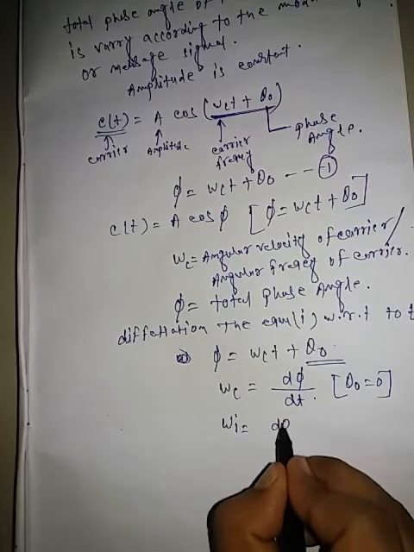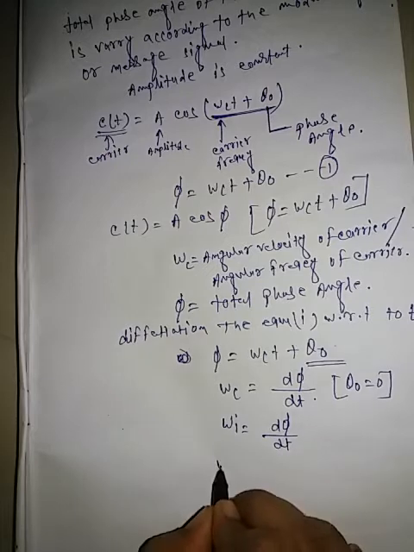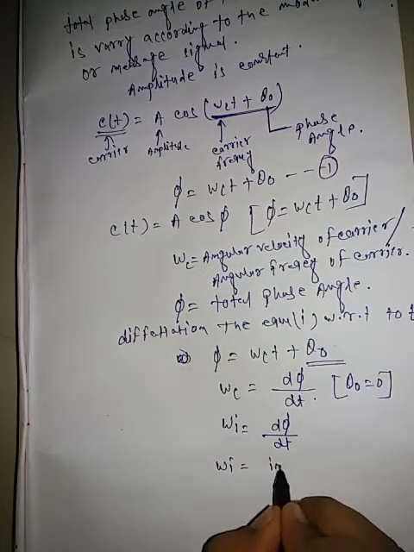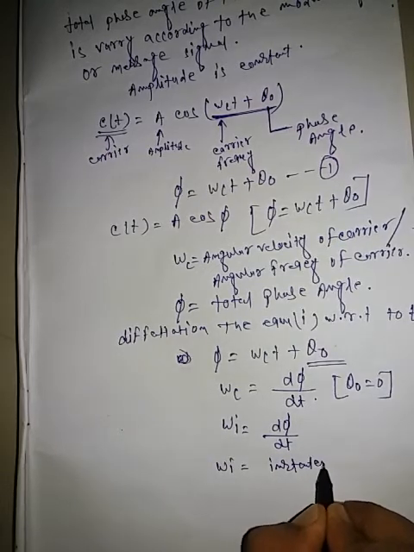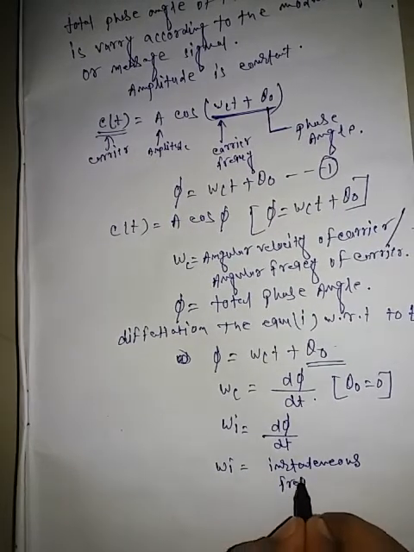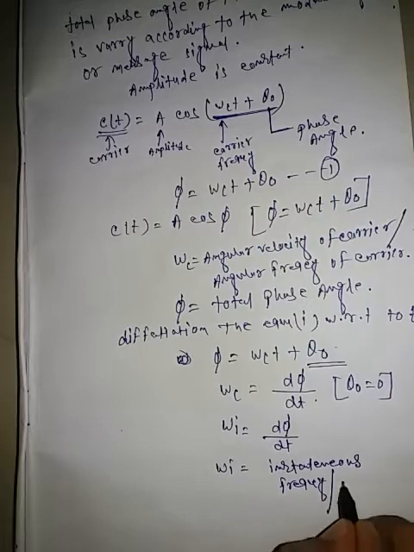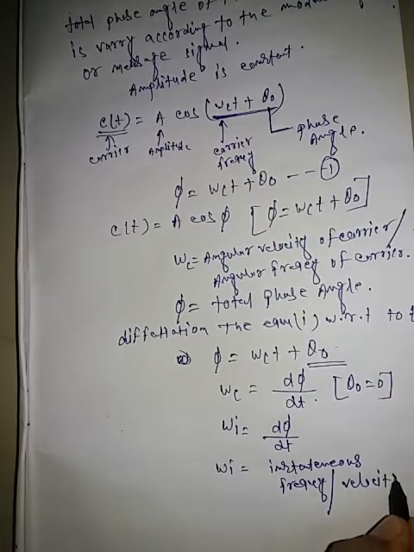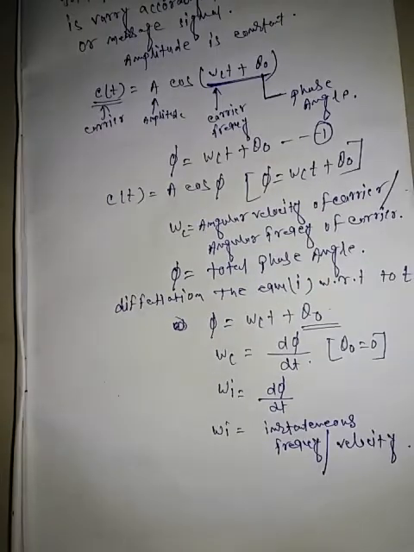Omega_i is equal to d phi by dt, where omega_i is called the instantaneous frequency or instantaneous angular velocity.